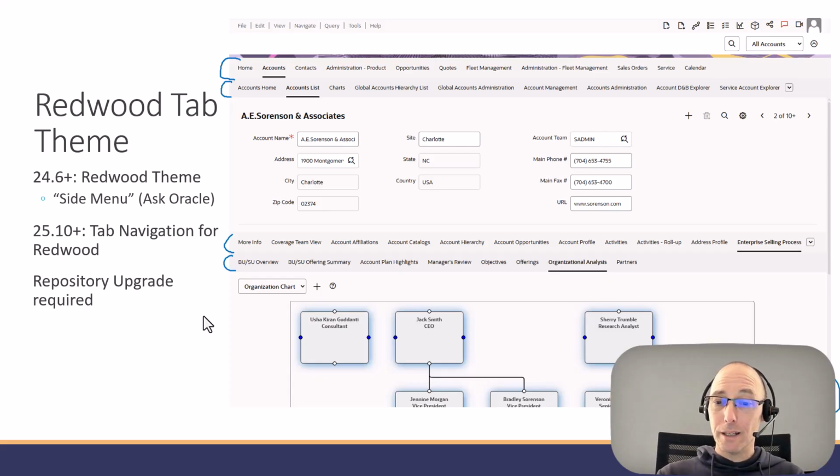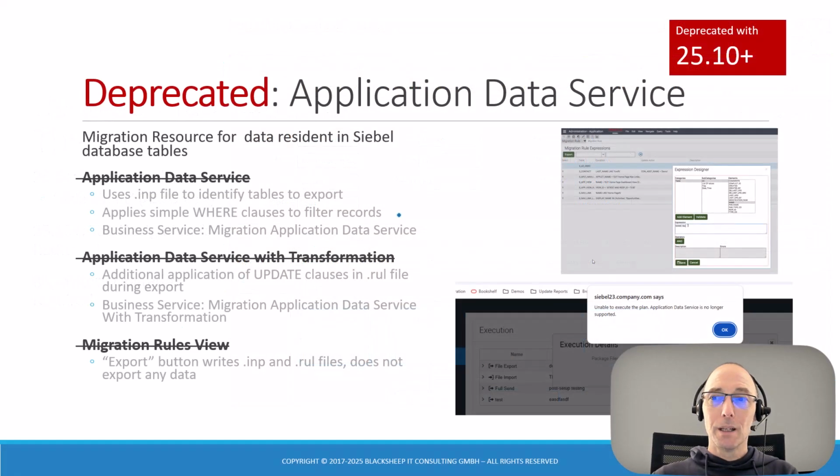So at the end of this discussion, we'll also quickly recap what's required to get all these latest features into your Siebel environment. And there's another deprecation. In 25.10, we say bye-bye to the Application Data Service. You might not immediately know what this means. The migration application actually has two services, called Application Data Service and Application Data Service with Transformation.